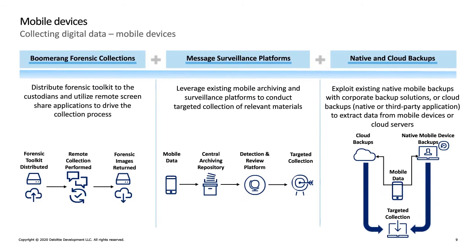Mobile devices really are the endpoint of the future. And so I'll start with the Boomerang. It's probably the easiest. And you're going to ask, well, John, you can't just send out an encrypted hard drive with tools on it for the custodian to make a collection. You're right, because if you did that, you would be assuming that the custodian had a computer.